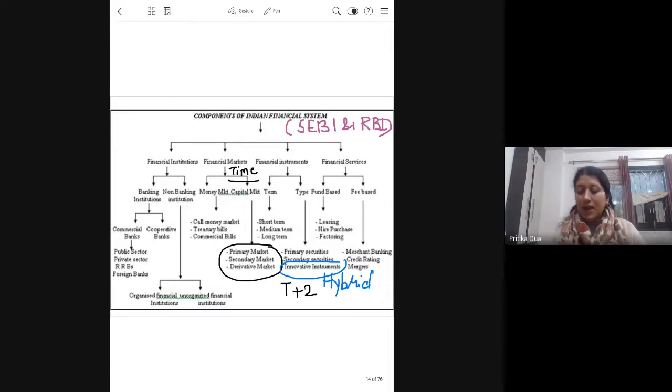Then the financial instruments, again being revised over a period of time, or new and new financial instruments are coming in the market. If we talk about financial assets on the basis of marketability, your shares, government securities, bonds, mutual funds are the more marketable financial assets.